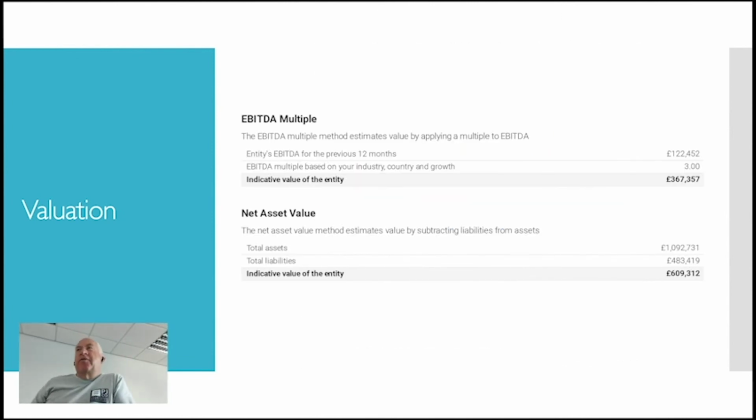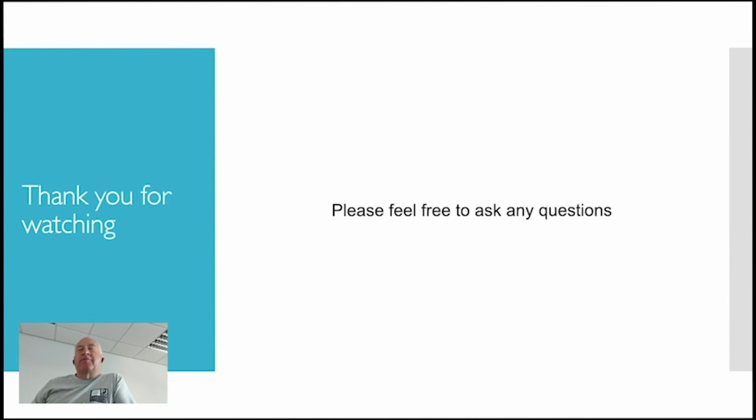So today we've run through some of the niceties of Syft, ratios, valuation, taxes and benchmarking. Next week we're going to come on to one of the really important parts of the software, the budgeting element of it.